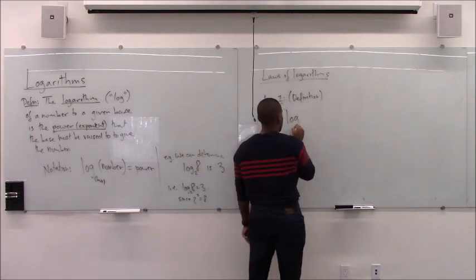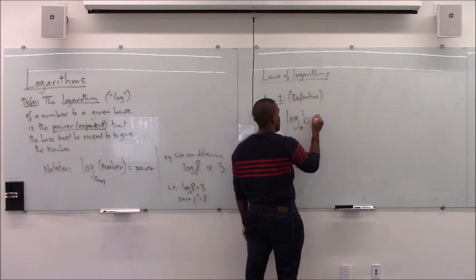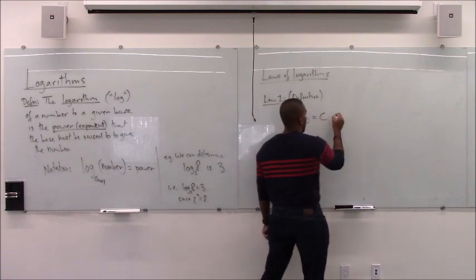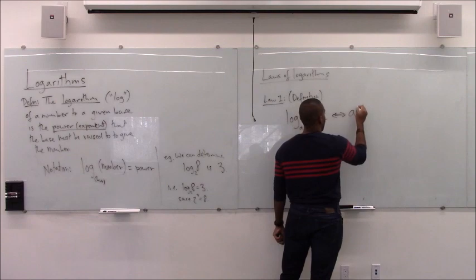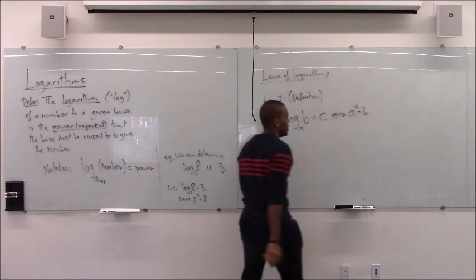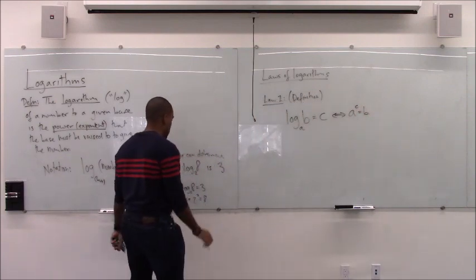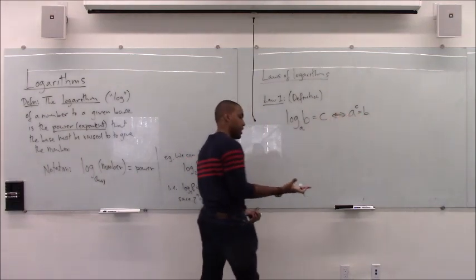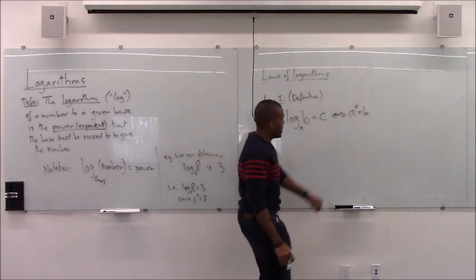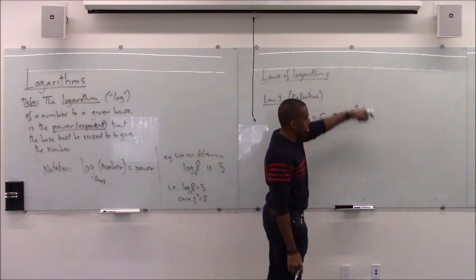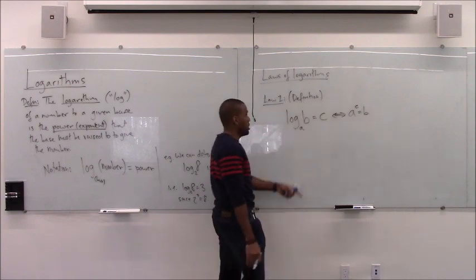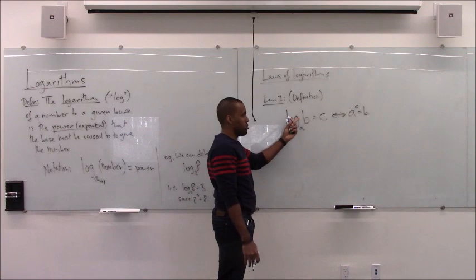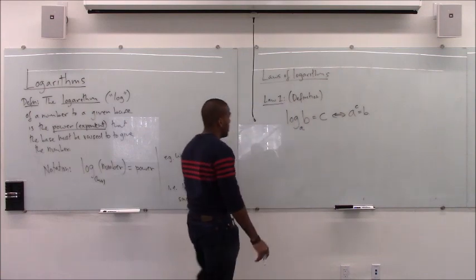If you have log to the base a of b equals c, what that means is a raised to the c will give us b. Okay. These two expressions are saying exactly the same thing. So saying I can raise a to the power c and get the number b is the same as saying the logarithm to the base a of the number b is going to give me c.